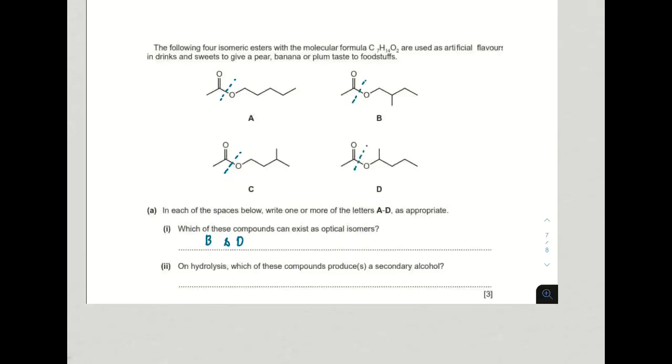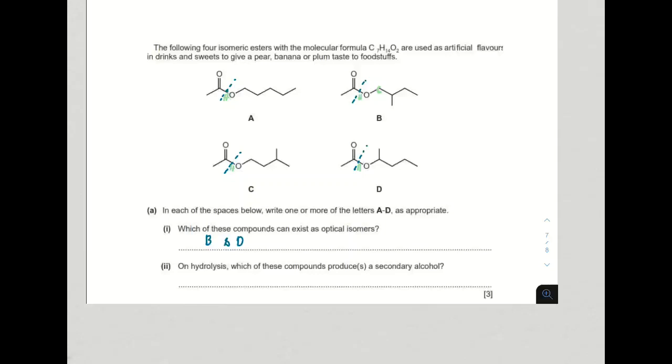This part is the one that will give you the OH, so I'll just put it using a different pen. The H will come here, and then the H will come here. So if you look at the carbon here, we want a secondary alcohol.